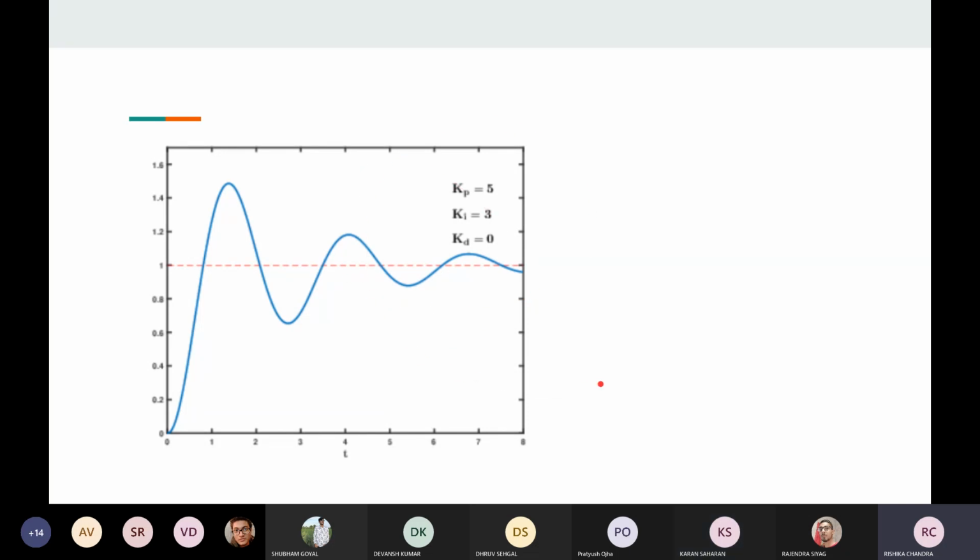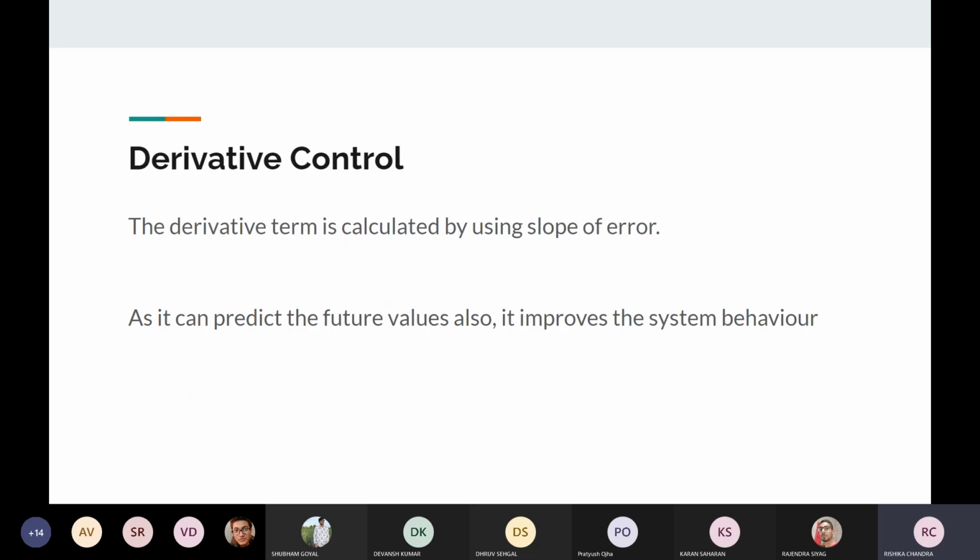Yes, ma'am. Okay. As you can see, this integral control is taking a lot of time to reach the steady state, right? In order to make it reach the steady state faster, in a lower time, we use derivative control. The derivative term is the slope.